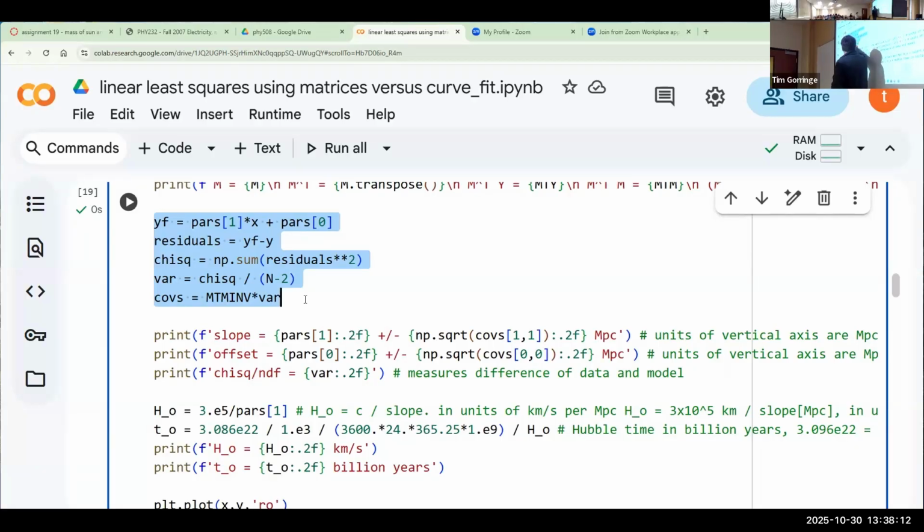And what we call the variance is the chi-squared divided by the number of degrees of freedom. This reflects the typical uncertainties on the data points, the difference between the model and the data points. The number that we divide by is the number of data points less the number of parameters in your model.